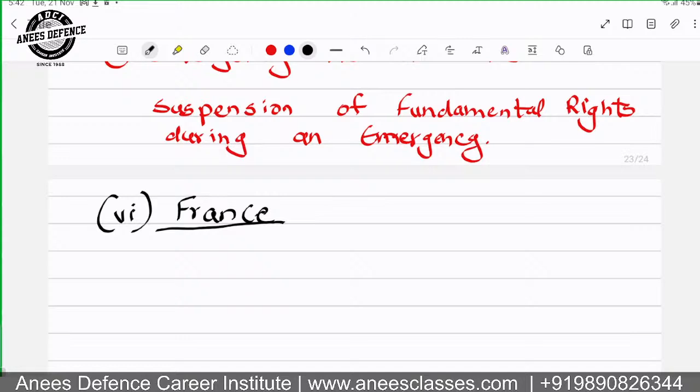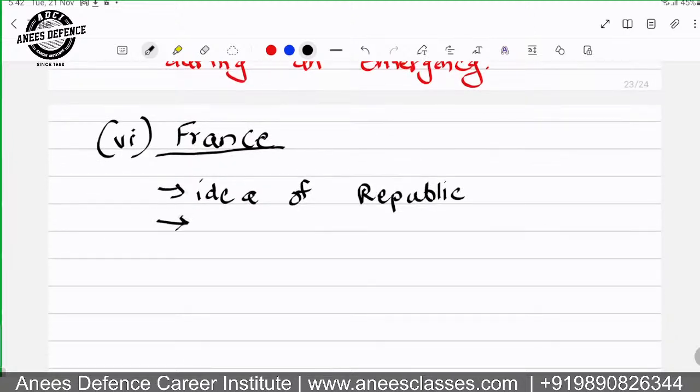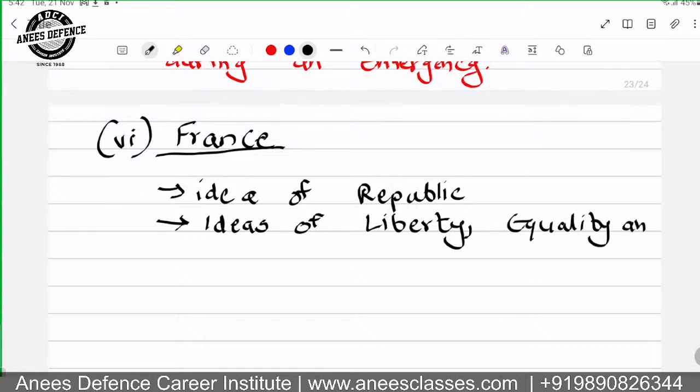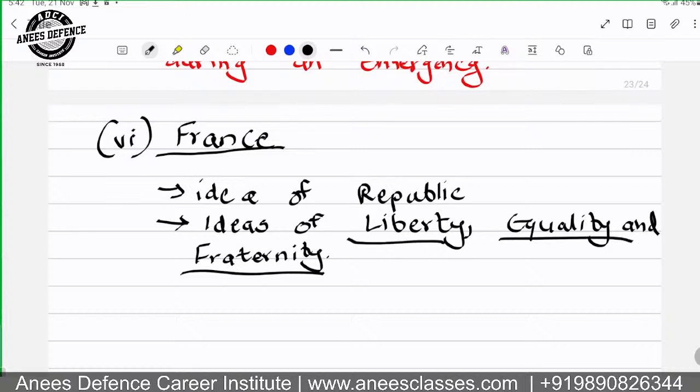So the idea of republic we have borrowed is from the French Constitution, and the ideas of liberty, equality, and fraternity. We will dive into detail about these words when we study the preamble.